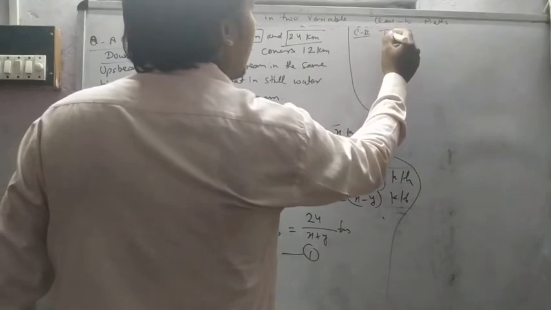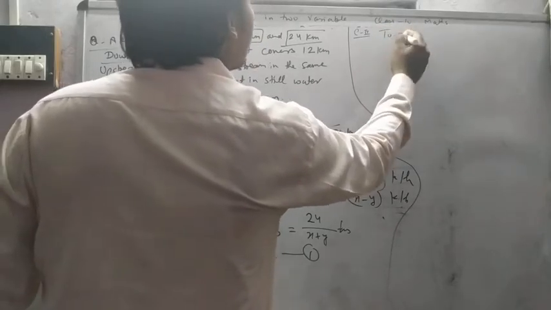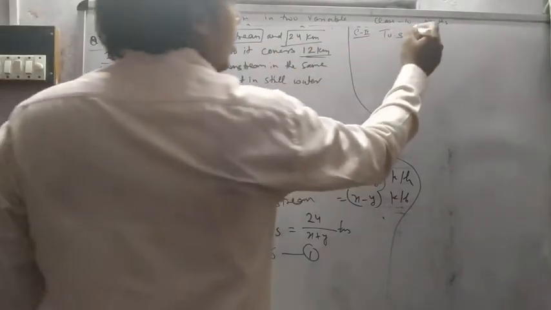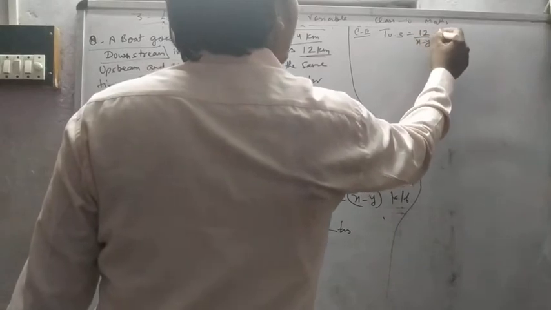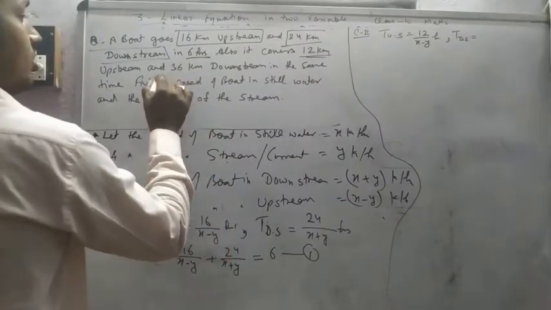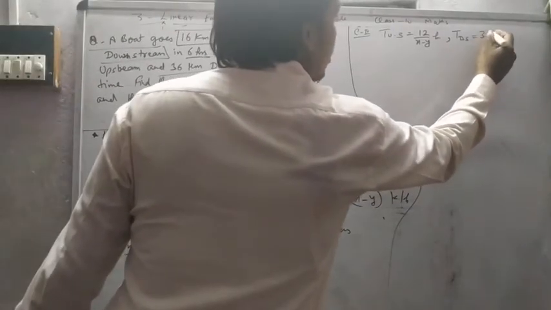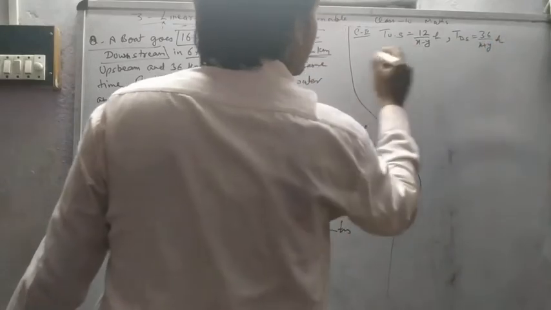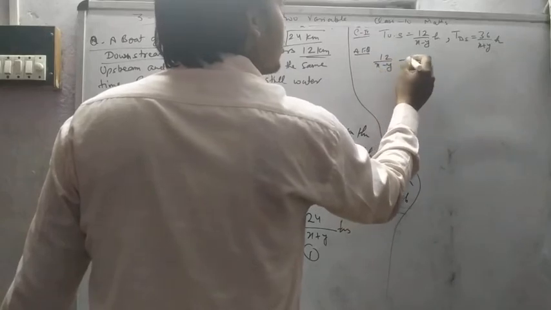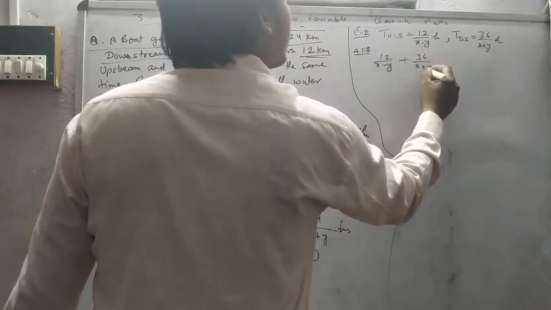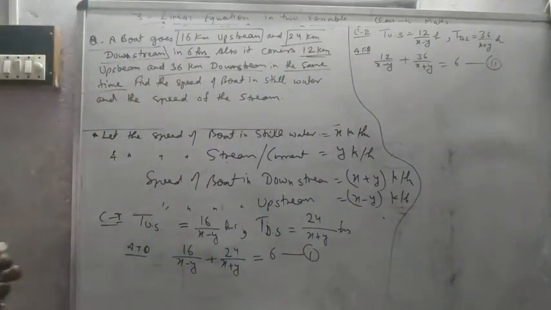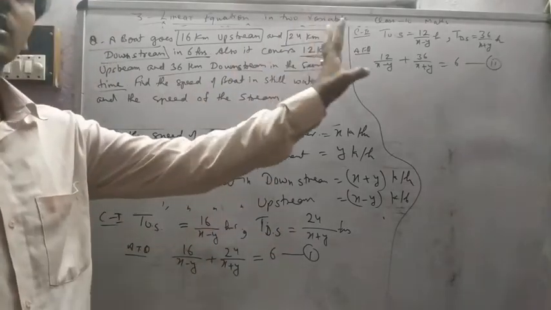Same for case second. Time in upstream, 12 km means 12 upon x minus y hours. Time in downstream, 36 km, 36 upon x plus y hours. According to the question, upstream time plus downstream time is equal to 6, because in the same time, 6 hours in first case, 6 hours in second case.